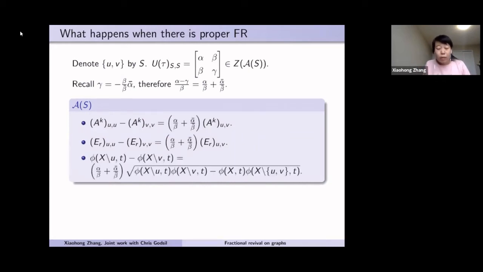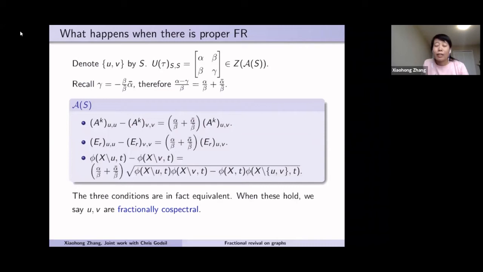Or we can make use of the characteristic polynomials of graphs related to vertices U and V, or with both of them removed. There are other equivalent conditions, but we will just talk about those ones. All three of them are equivalent, and when those hold, we say the two vertices are fractionally cospectral.